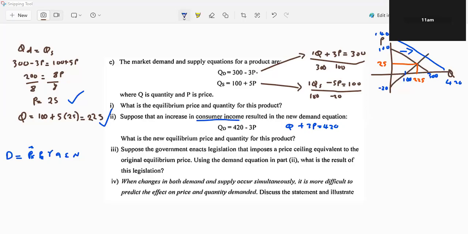So this is what happens when there's a shift. All right? So at equilibrium, demand is equal to supply. So this demand will be equated to the old supply. So quantity demanded is equal to quantity supplied.